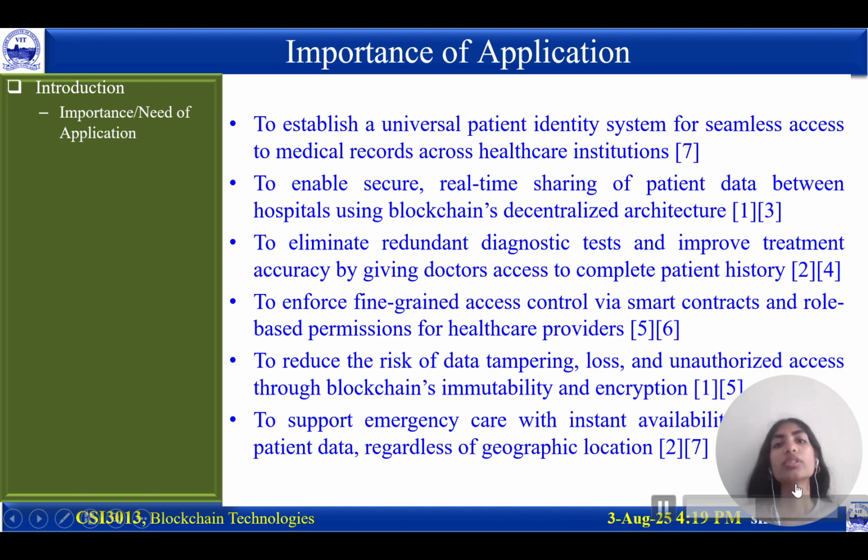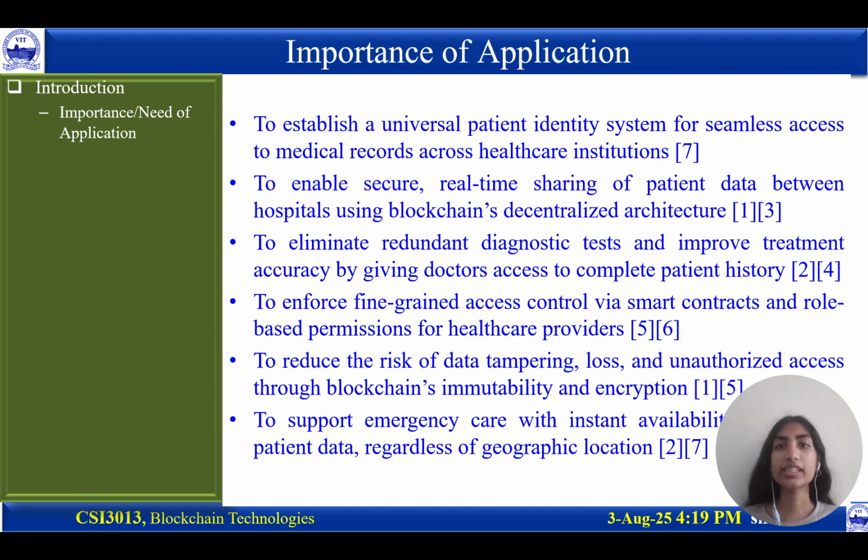Fourth, through the integration of smart contracts and role based access control, we ensure that only authorized users can access specific parts of patient data. We aim to protect against data tampering, unauthorized access, and any information loss by leveraging blockchain's immutability and encryption features.